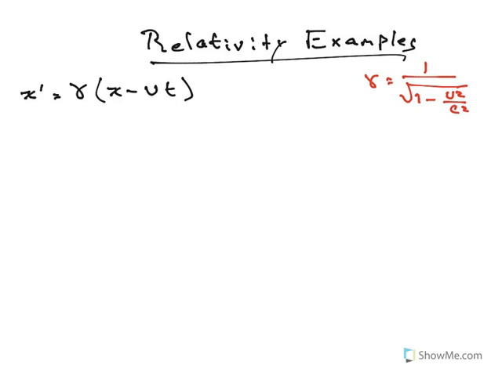The primed coordinate system is for the object or the observer which is in motion relative to the other observer. So again, this is relativity, which means no one observer is the non-moving observer. Both would say the other observer is moving relative to them.